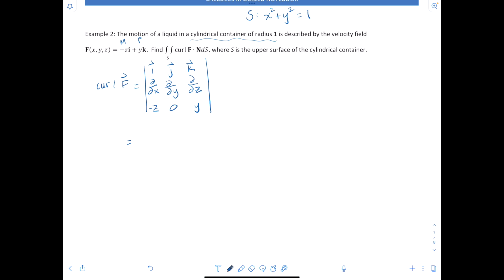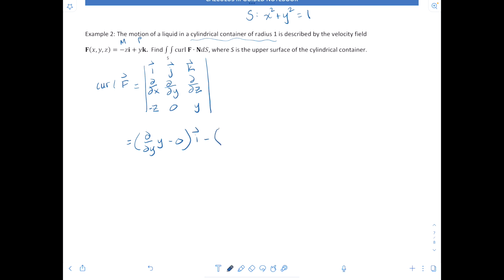So we'll have first partial with respect to y of y. The next one will zero out, right? Because it's going to be 0. And then we'll have times i.